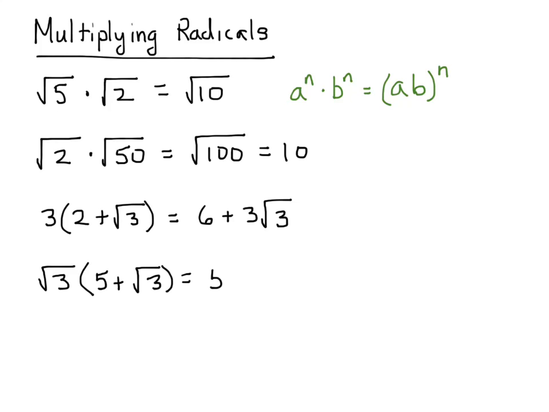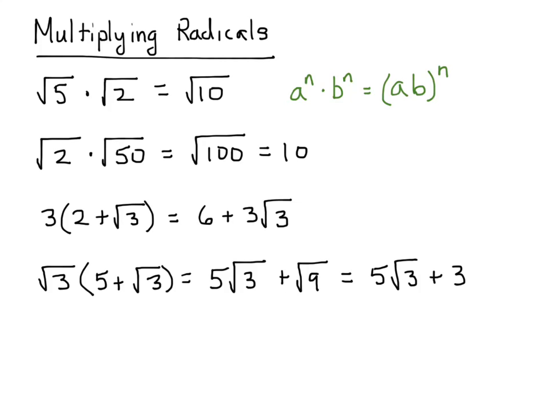And so if we have radicals in that place, it works exactly the same way, where we just take the square root of 3 times 5, and then the square root of 3 times 3, and so we can see that's going to be 5 square root of 3 plus the square root of 9, and of course the square root of 9 is 3, so there we have what's simplified.